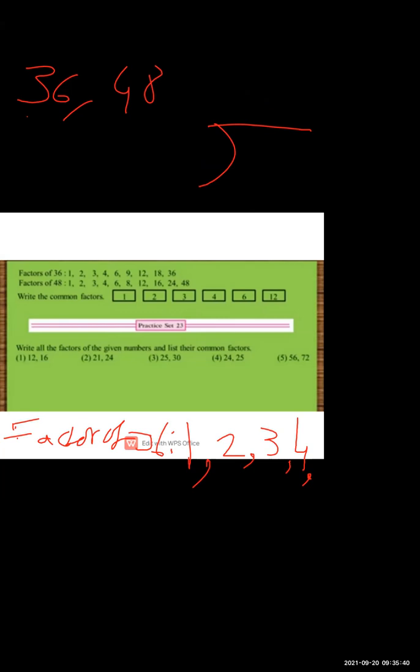Then we will take 6. 3 is less than 6, so we will take 2 numbers, that is 36. 36, how much? 6 times what is 36? Very good. 6 sixes are 36. It means 6 is also a factor of 36.